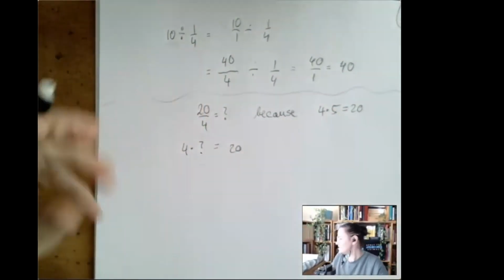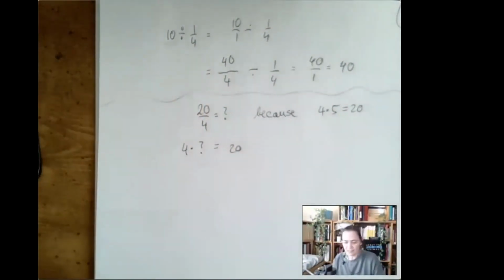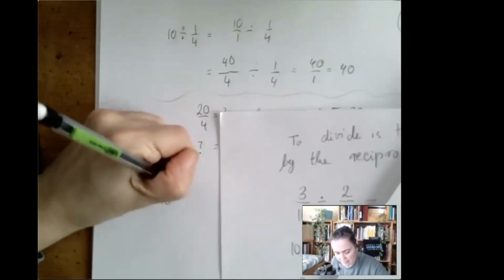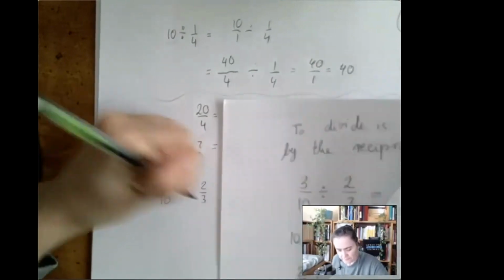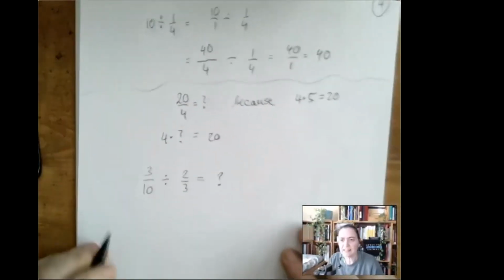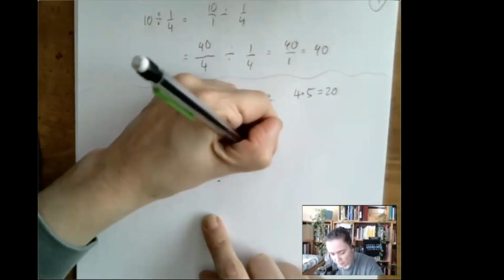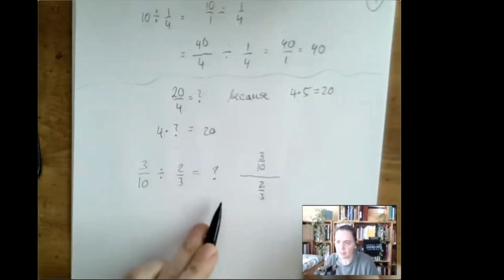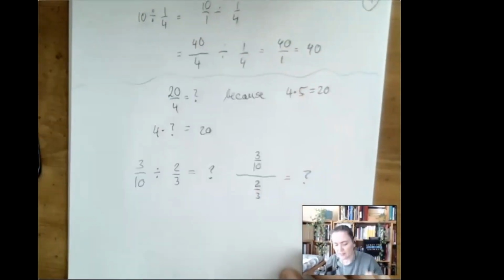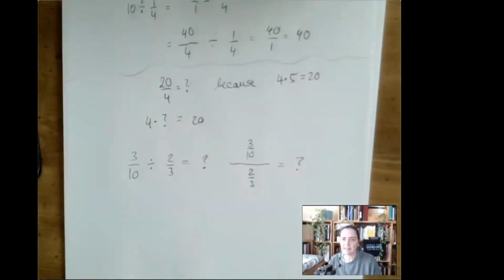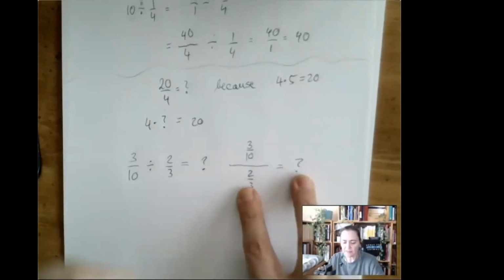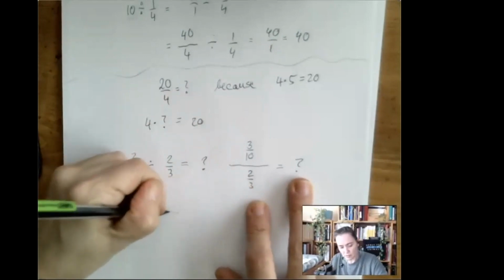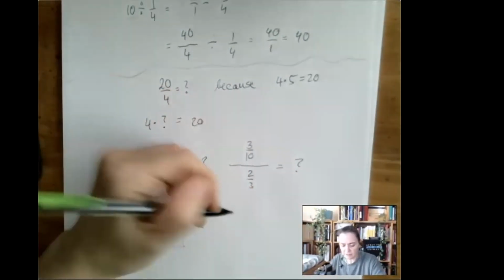Now let's apply this idea to 3 over 10 divided by 2 over 3. Equals what? Well, we can rewrite it like this, 3 over 10 divided by 2 over 3, but make sure to have a much bigger bar there. Now we can rewrite this: 2 over 3 times what is going to give us 3 over 10?